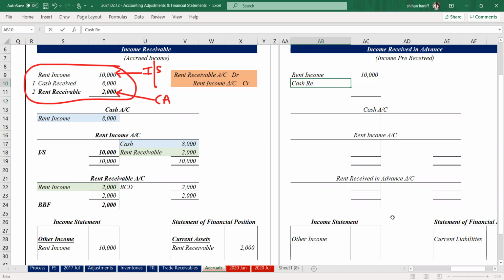Cash received 15,000. Therefore, rent received in advance, that means received for the next year, is 5,000. Right?